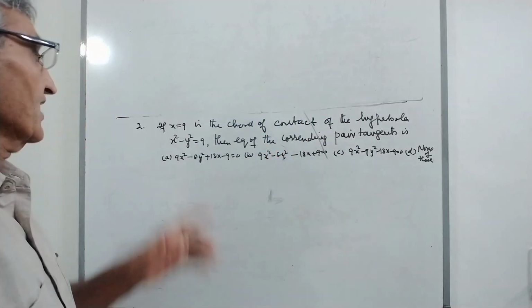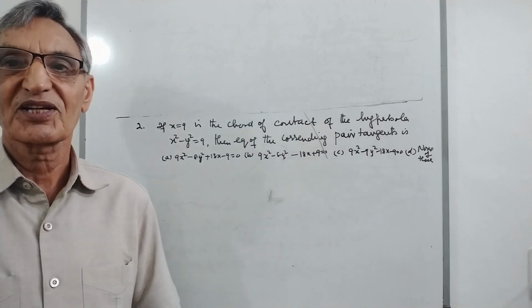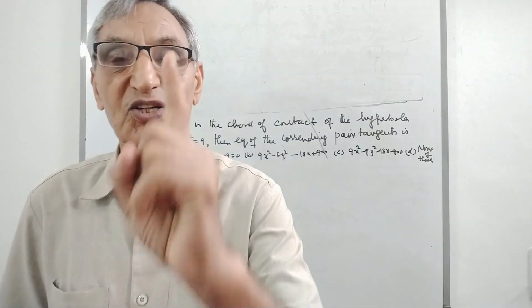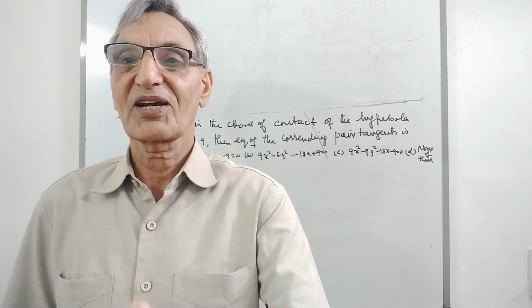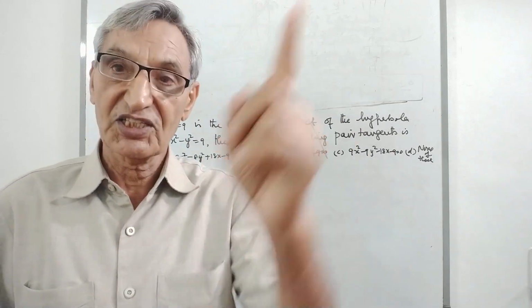It says x is equal to 9 is the chord of contact of the hyperbola x square minus y square is equal to 9. Suppose there is a point (x1, y1) from which the tangents are drawn.